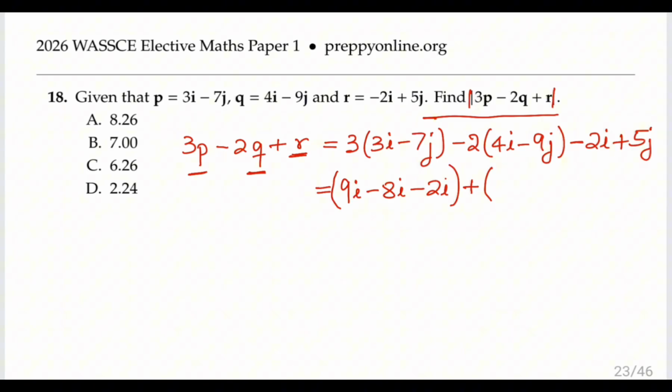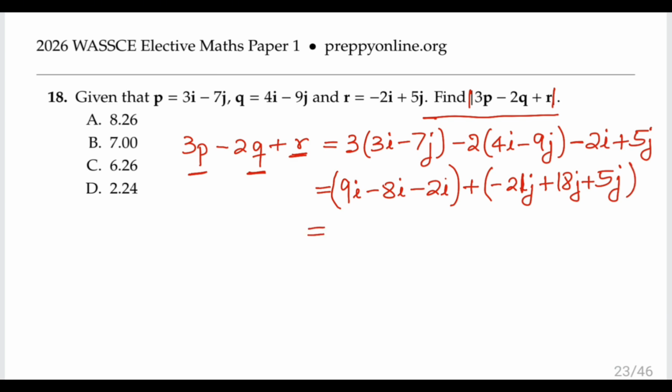And then let's put the j's together. We have 3 times minus 7, so minus 21j. Then we have minus 2 times minus 9, that's plus 18j. And then we have plus 5j.